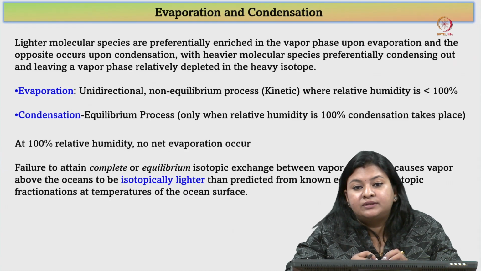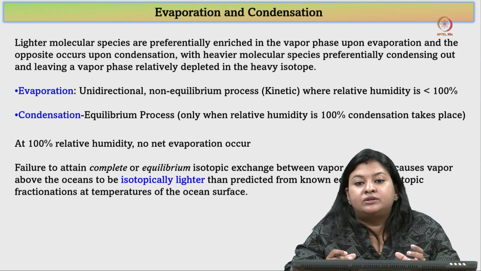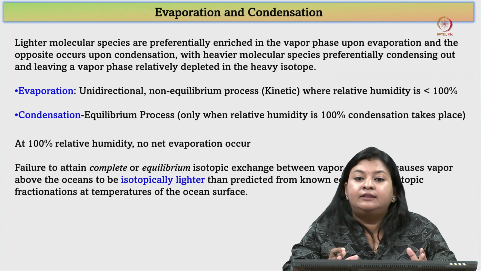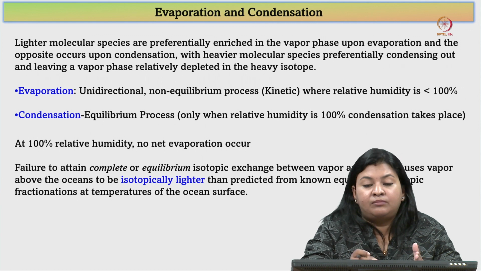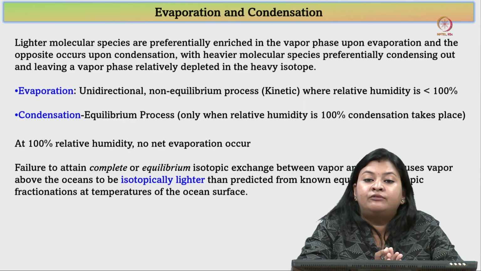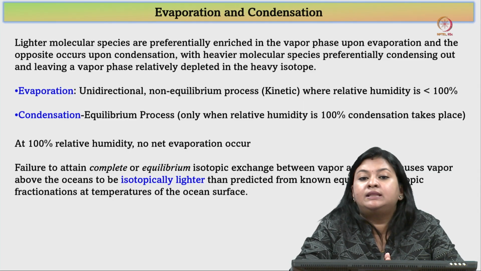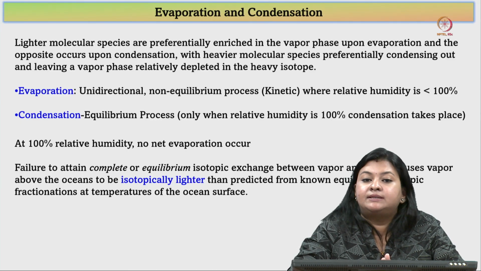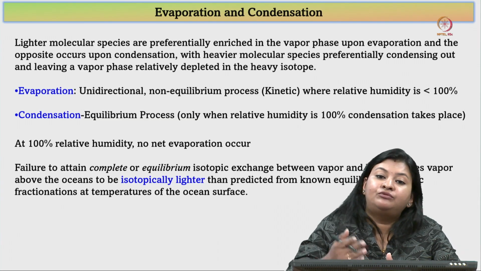Once 100% relative humidity is achieved, only then do condensation processes start forming, and the vapor and the rain that is condensing from that vapor are at equilibrium. That means the vapor composition will control the rainfall composition and they will be the same. It is at equilibrium, they will be the same thing, only until the rainfall falls.